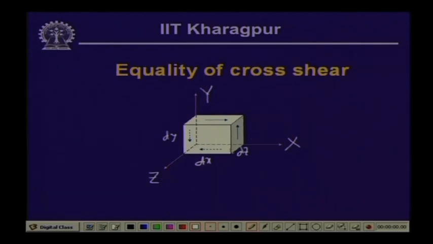Now, this particular plane being the x plane, the force which is acting in the y direction, as per our nomenclature, we call this tau xy. Accordingly, this particular component of the stress, which is acting in the direction of x and acting on the y plane, we call tau yx. Likewise, this is also tau yx and this is tau xy.